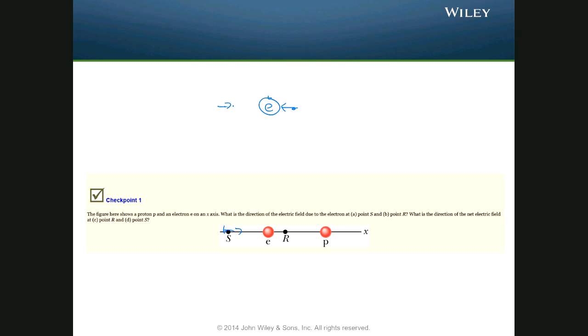Keep in mind that E is equal to K Q over R squared. So when you look at both of these, Q is the same for both of them, and so is K, but the R's are different, and it's in the denominator, and it's squared, right? So you're going to have a much lower impact here on S from the proton than the electron.